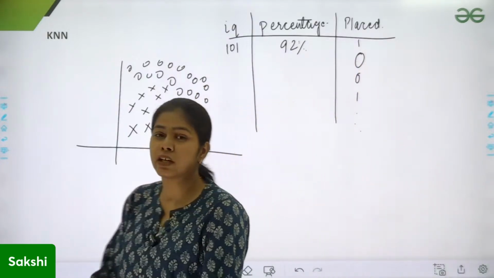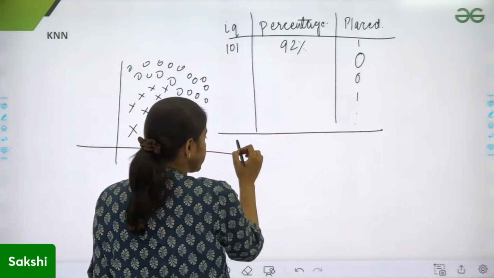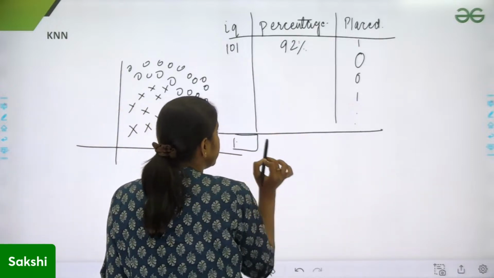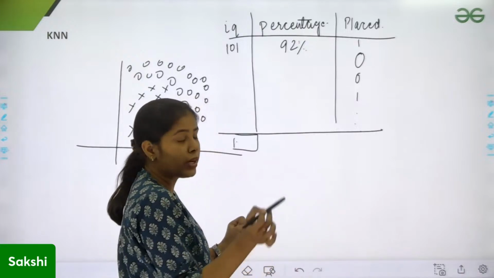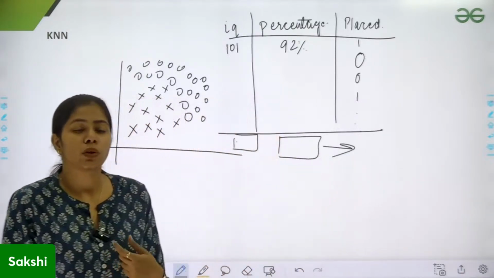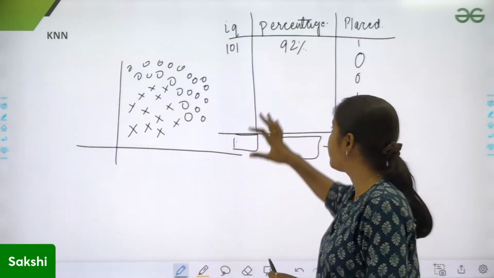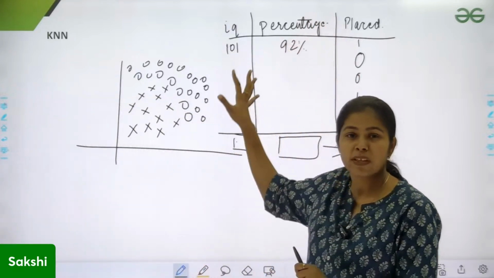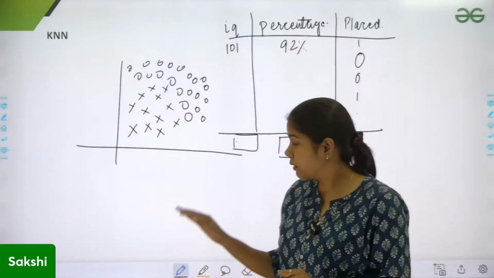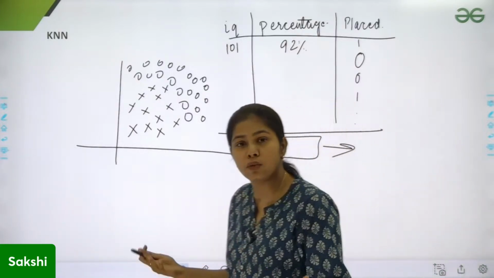Let's suppose we get a query. Let's suppose I have one student for whom I know the IQ and the percentage. Corresponding to that, I just want to know whether that particular student gets placed or not, based on the previous data. How do I get to know that?